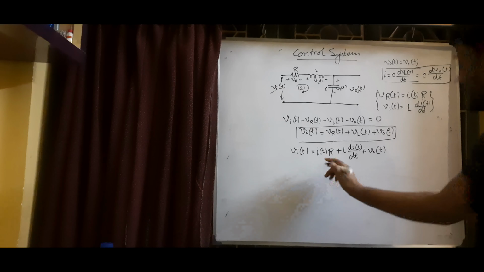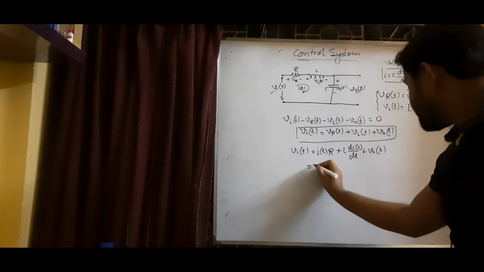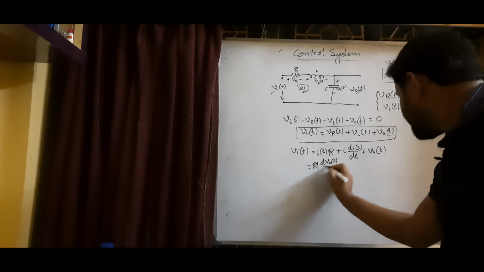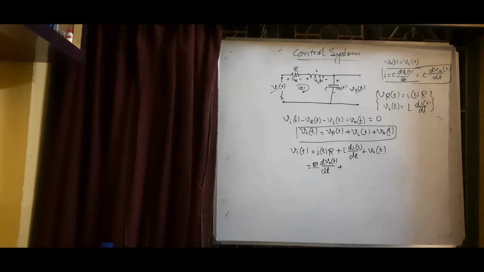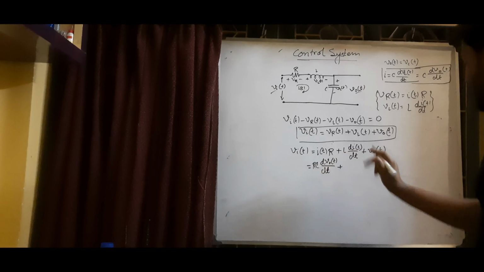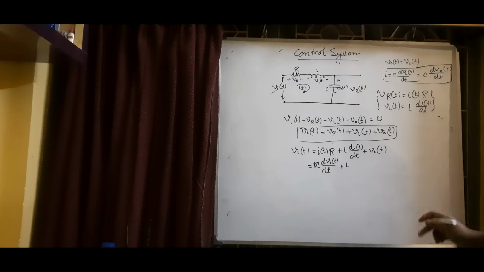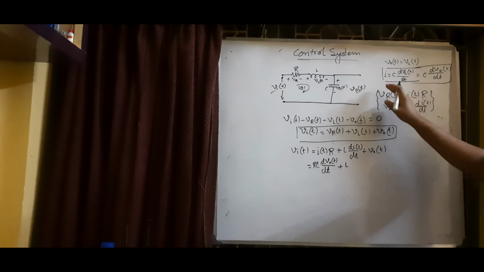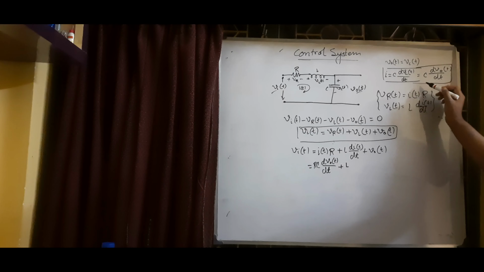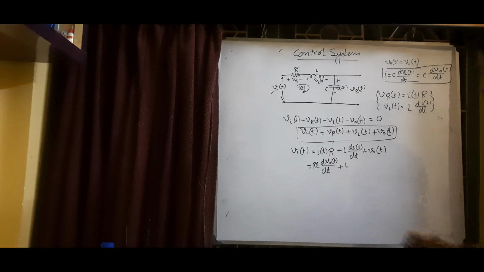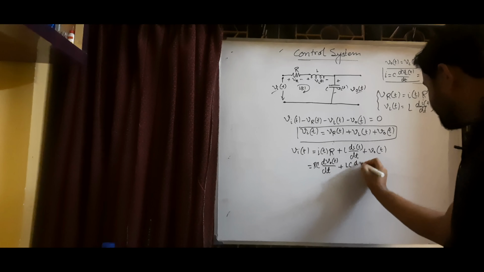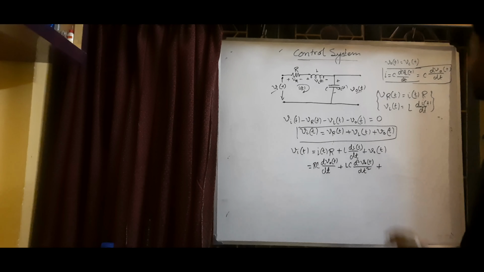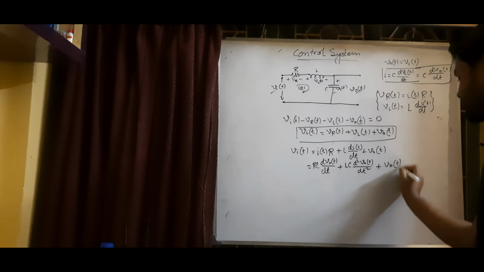Put the value of i in this equation: R times C dv_0(t)/dt plus L di/dt. Now if i(t) is C dv_0(t)/dt, then di/dt will obviously be C d²v_0(t)/dt², and this one is v_0(t).